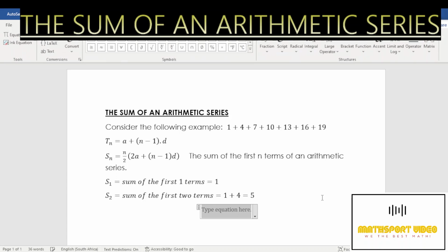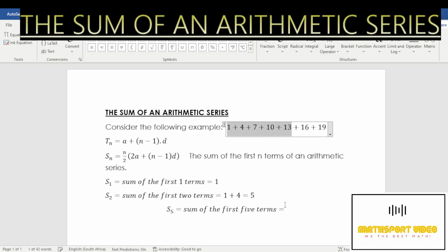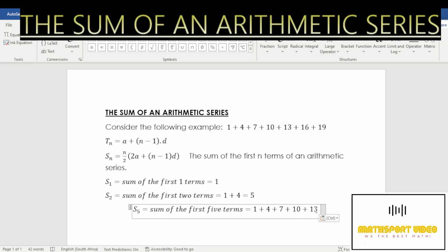If I ask you to work out S5, that is going to equal the sum of the first 5 terms, so the first 5 numbers added together. In that case, 13 plus 10 is 23, plus 7 is 30, 34, 35. So that sum would equal 35.